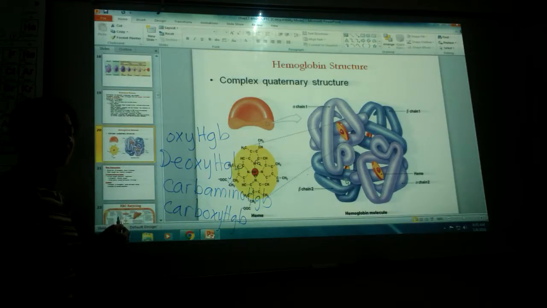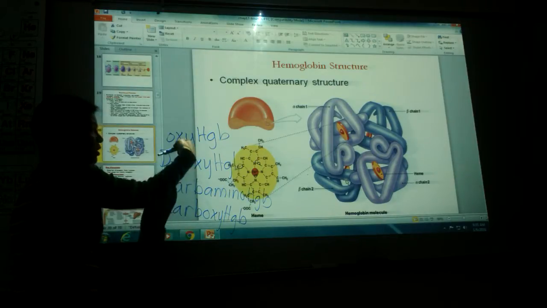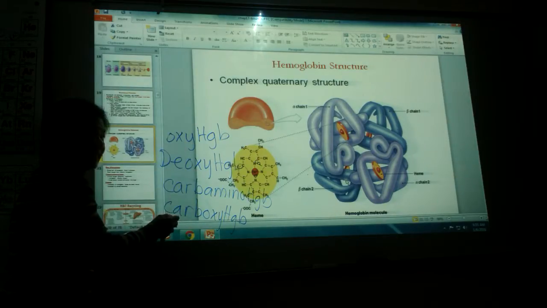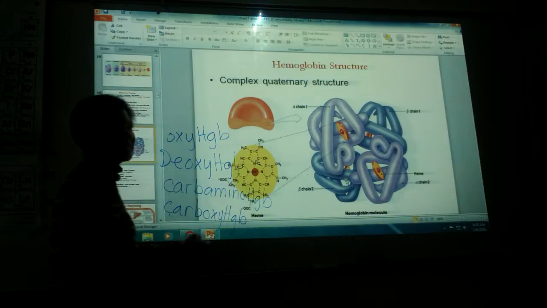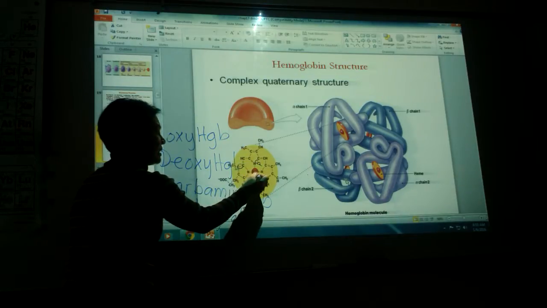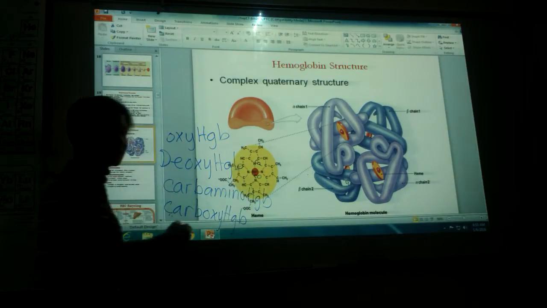Have you heard of carbon monoxide poisoning? Yeah. This is the one, carboxyhemoglobin. You see? Carboxy and oxyhemoglobin. It's a very dangerous poison because it actually binds to the same binding site, the iron. This is carbon monoxide, just one oxygen.